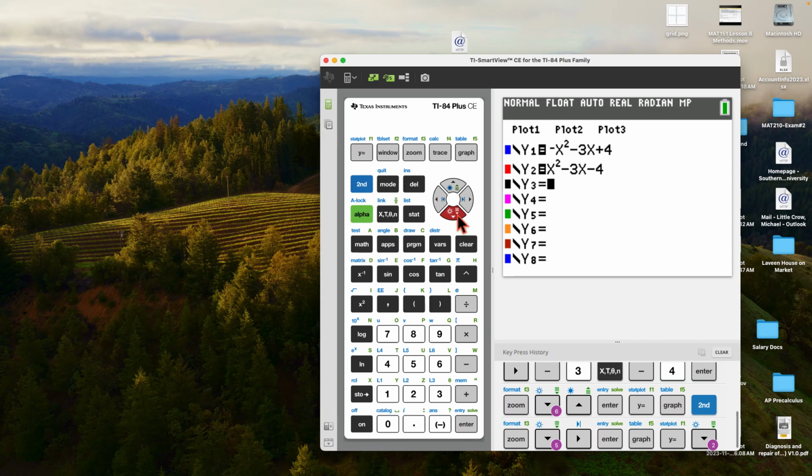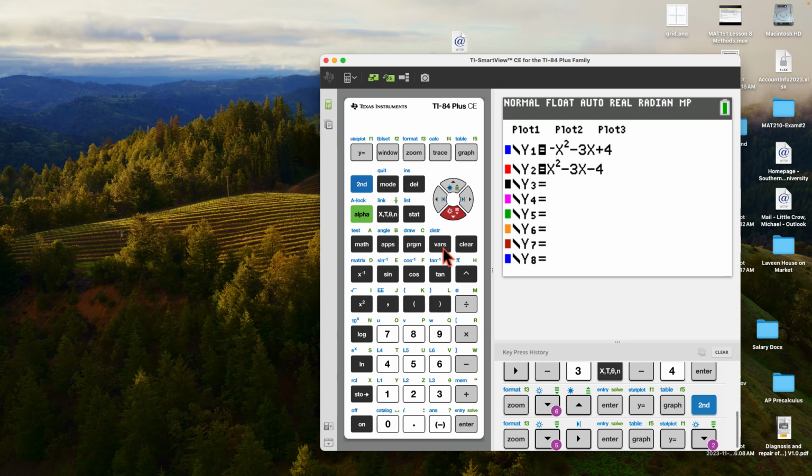What we could do is retype the f of x function, and then subtract parentheses the g of x function. We could retype it all. That's easy to do, but it's time consuming. Or if you remember, there's a special key called vars.